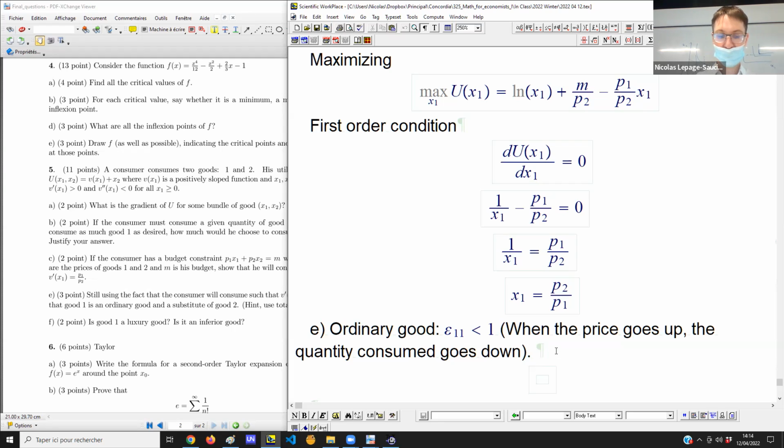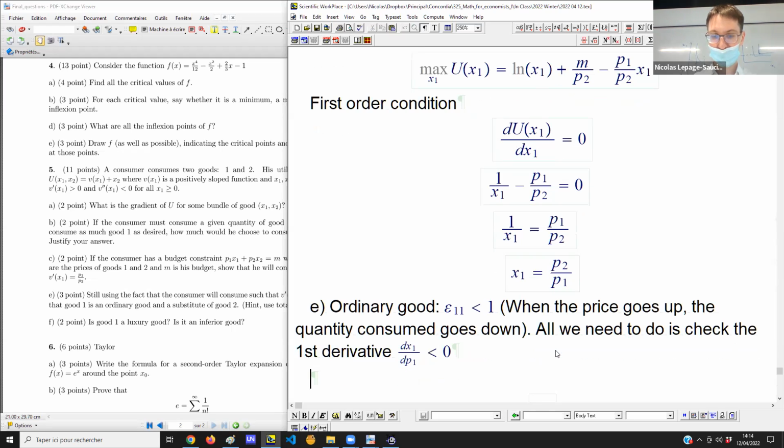So all we need to do is check the first derivative. Okay, so price elasticity. This is a bit aside.